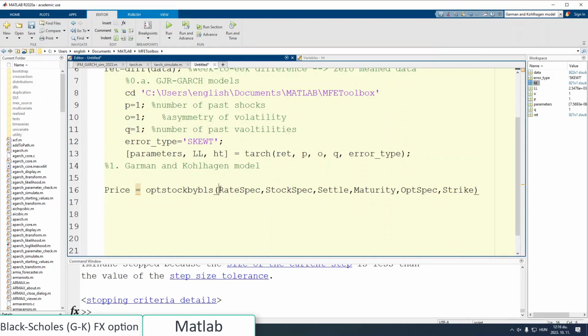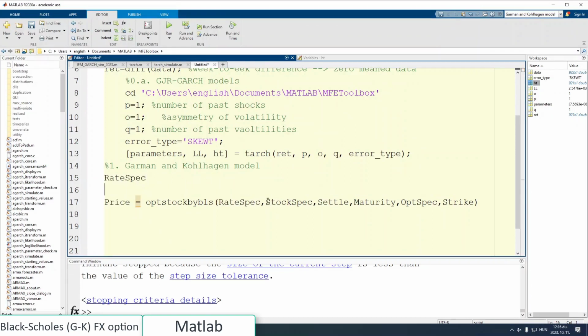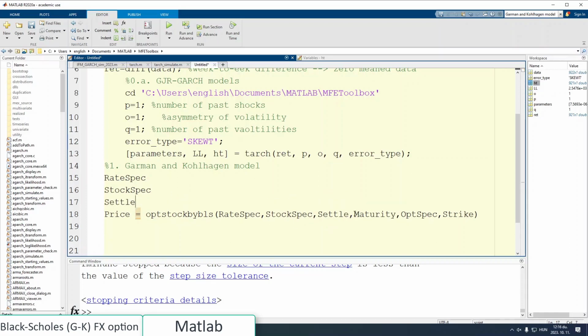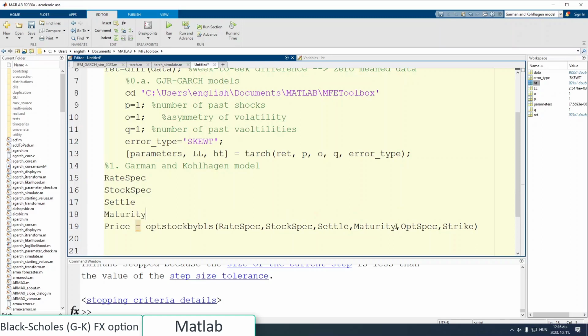So we have to define all the ingredients here. We have rate spec, stock spec, settle. After that we will check the documentation for which one is what, but first of all we just have to see that.